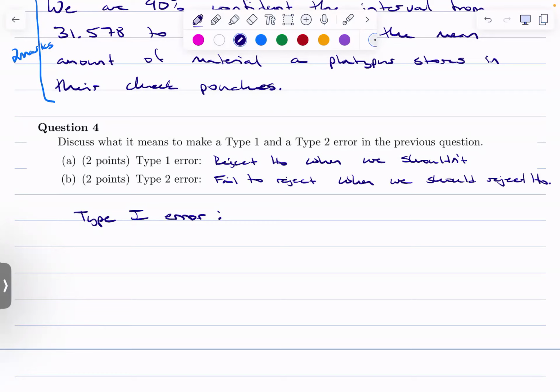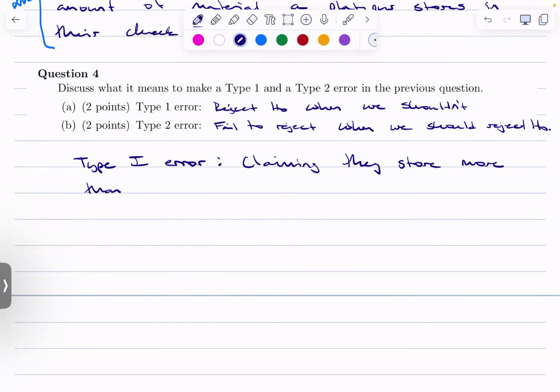Type 1 error. In this scenario, what does it mean in the previous question? It is claiming they store more than 30 grams in their cheeks when they don't.